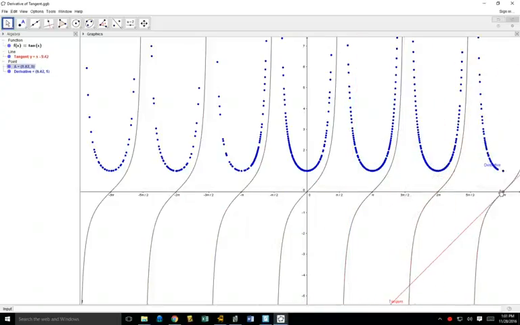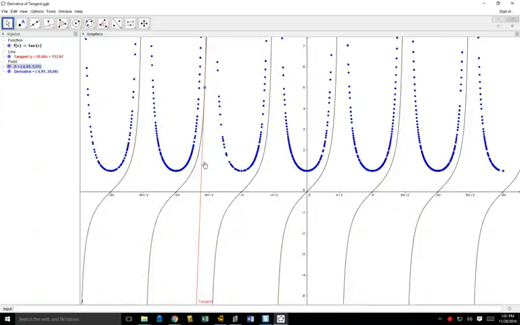What I like about the tangent graph is you can really see that this program is just plotting points as I go. So if you want to fill in things, you really got to work at it. Oh, there we go. Anyways. All right.